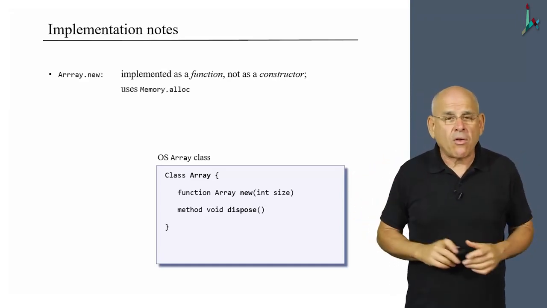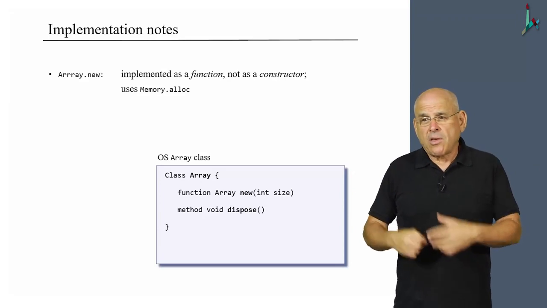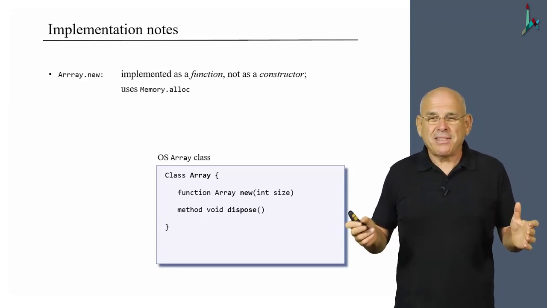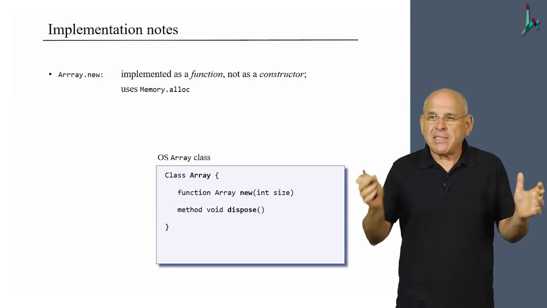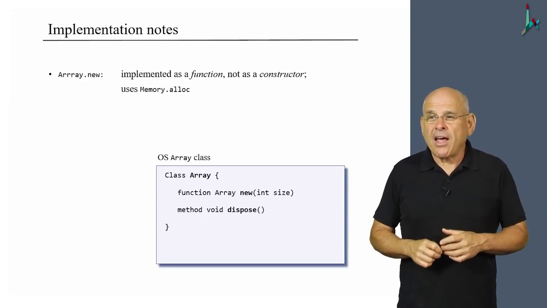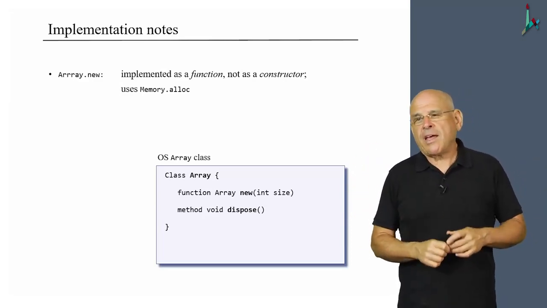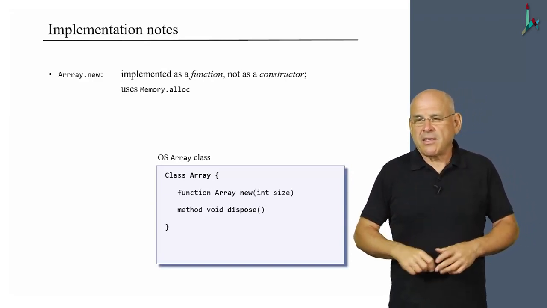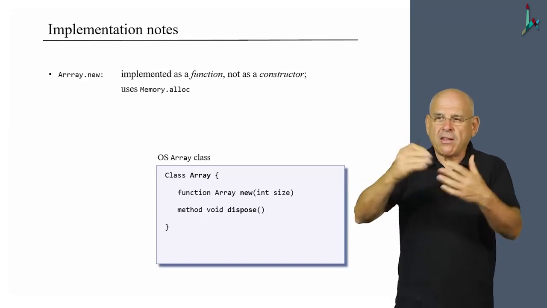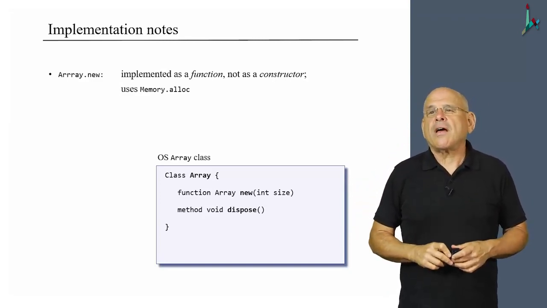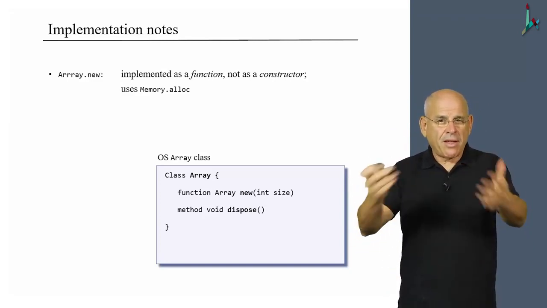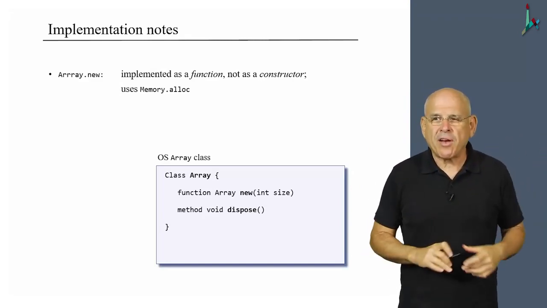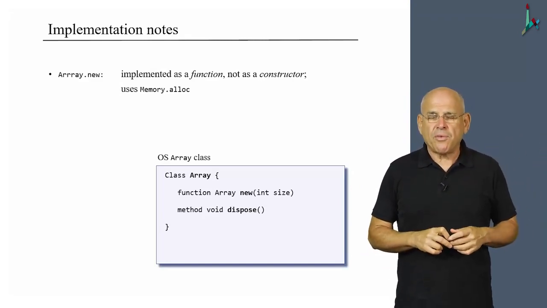So we have to call alloc explicitly. So when you write this function, I must admit it's such a trivial function, it's embarrassing to talk about it so much. You have to call memory alloc and then return the address of the newly constructed RAM area to the caller. And then the caller can start populating the array with the values and so on, and then it will be the business of the compiler to figure out what the client wants to do.